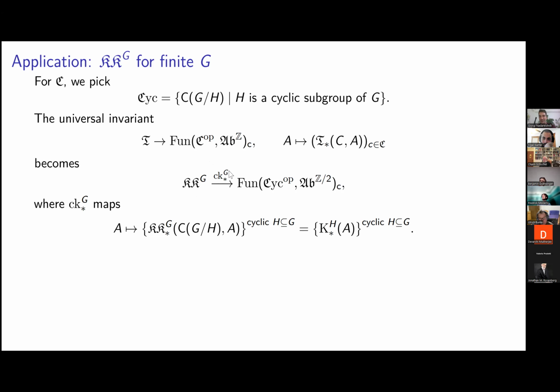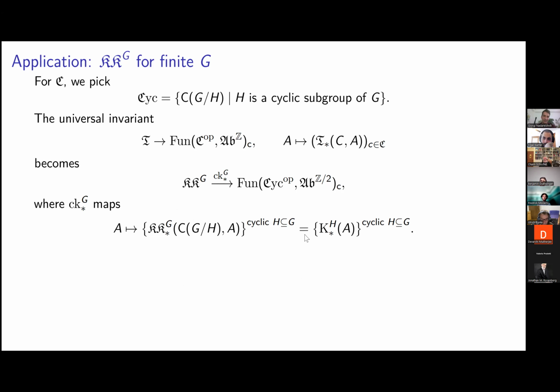And what does this CK do? There's just not enough place to write here. It maps a C*-algebra A to KK^G, the star again for grading, from C(G mod H) to A. For all cyclic subgroups, you have to consider them all together and all the maps between them, because this is like a functor, right? And this is basically, again, I will not do this here, but this is an induced algebra.